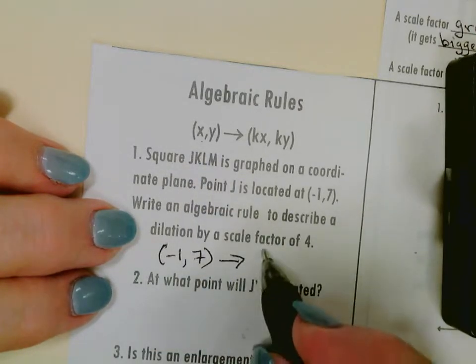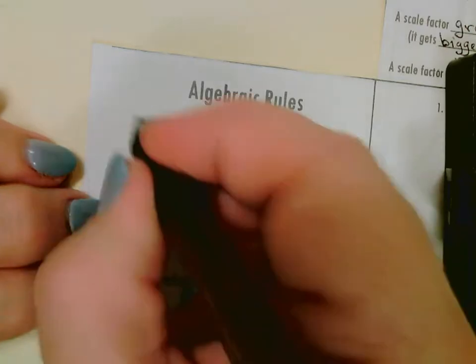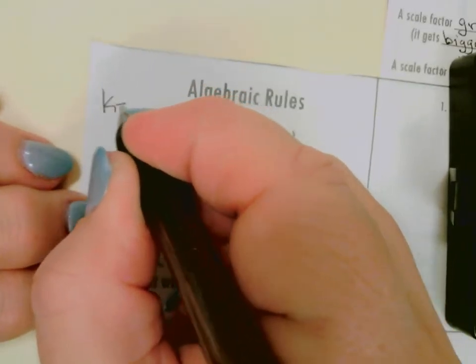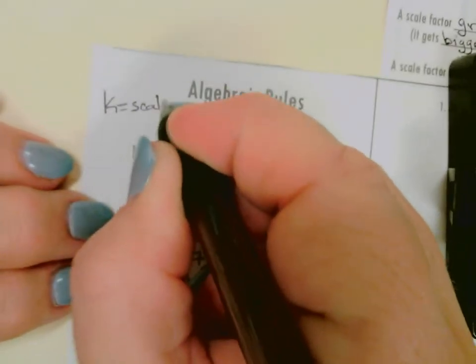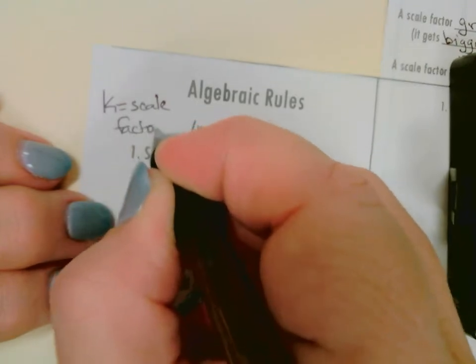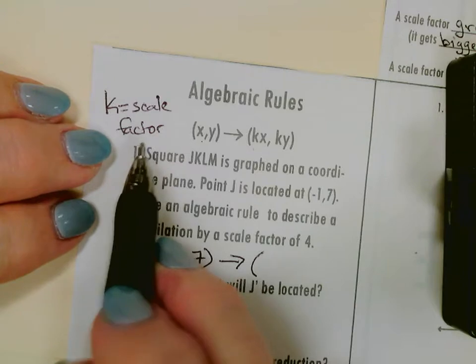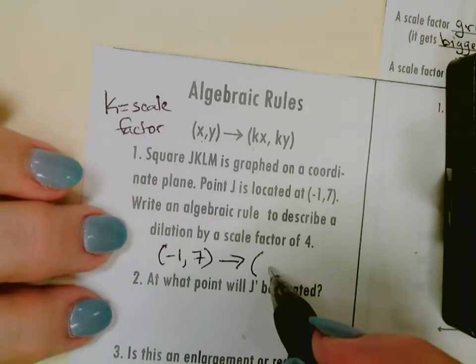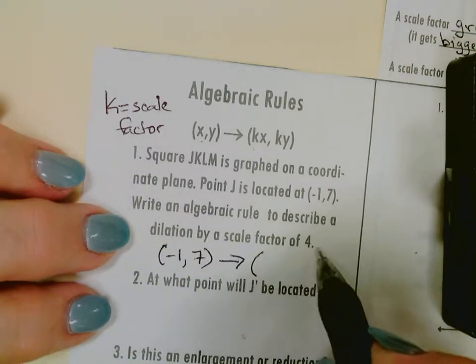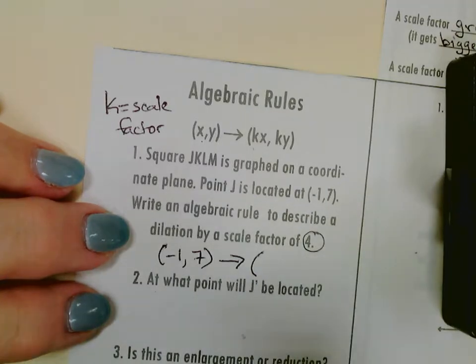And the k is the scale factor. Obviously scale factor does not start with k. The k just stands for scale factor. And so the scale factor in this problem is 4. Circle it. That's what you're going to use to multiply everything in the problem.